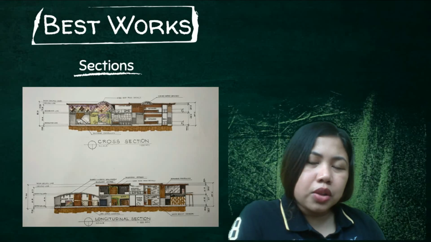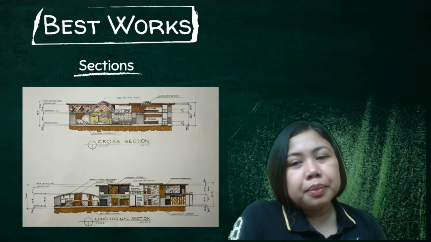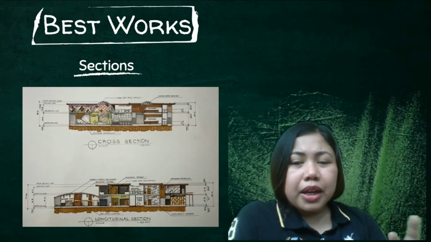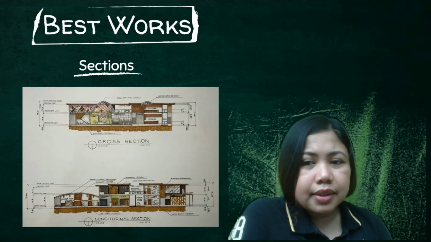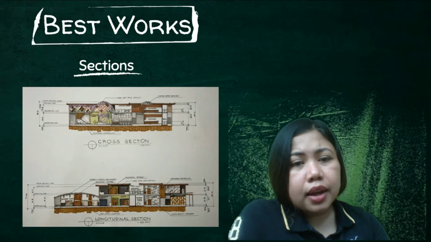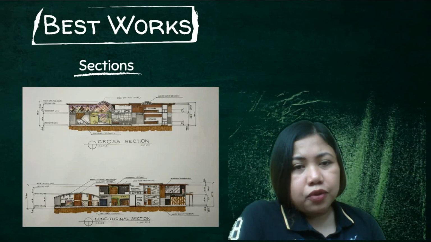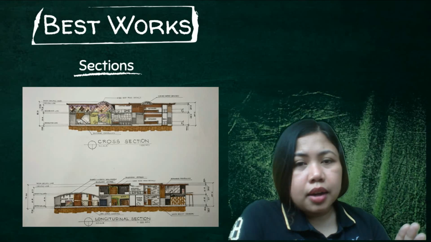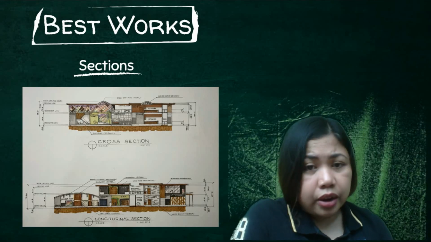If you cut your building, by the way, you have to reflect on your floor plan the cutting lines, the section lines. There should be markings in your floor plan showing where you made the cut. And you should cut your floor plan showing the vertical circulations such as stairs.